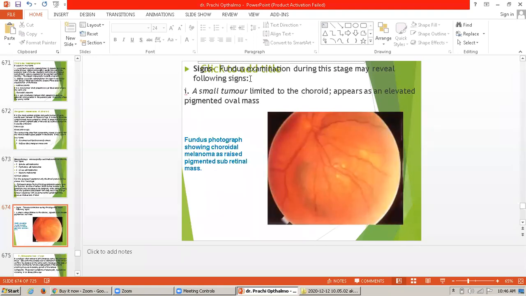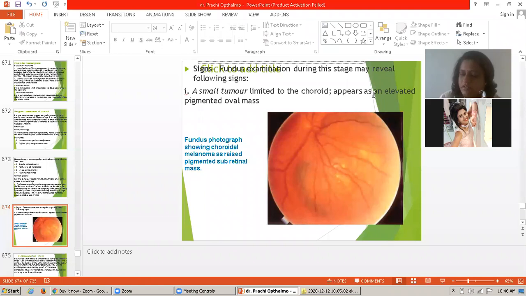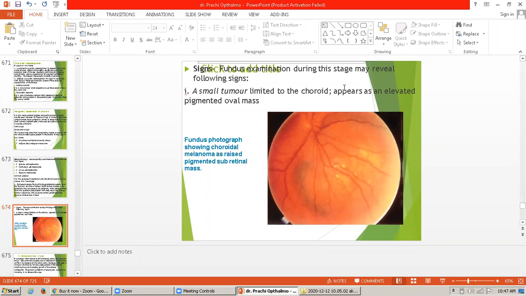Then, when we study the signs, that is fundus examination during this stage, it may reveal the following sign: a small tumor limited to the choroid, appearing as an elevated pigmented oval mass.